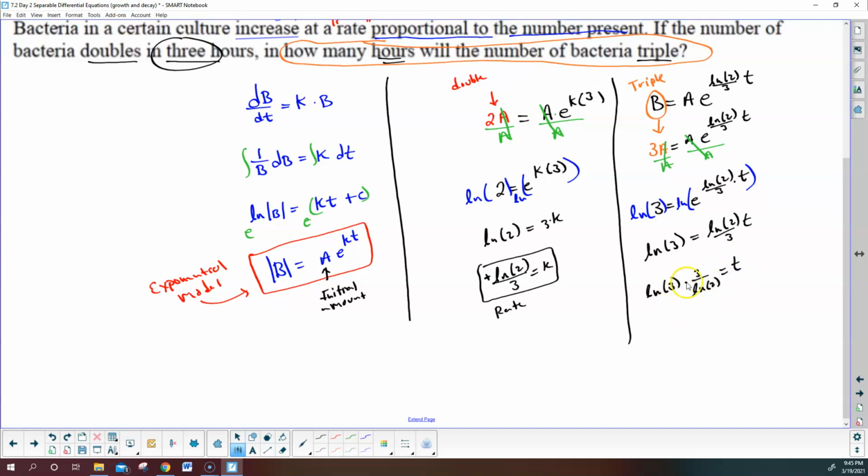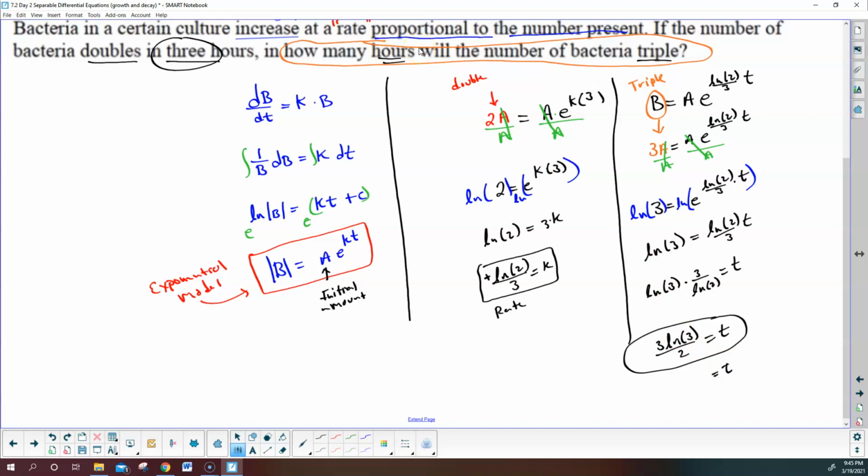And then this leads me to a pre-calc property, but to be honest, I would just grab my calculator at this point. We could write this a little bit differently, but this is the answer. They want to know how many hours.